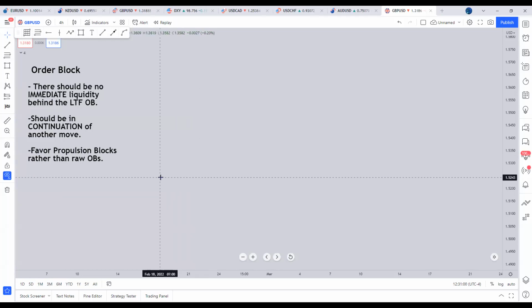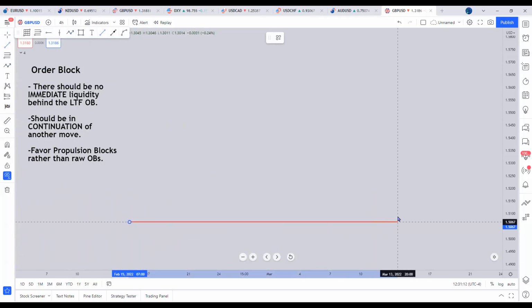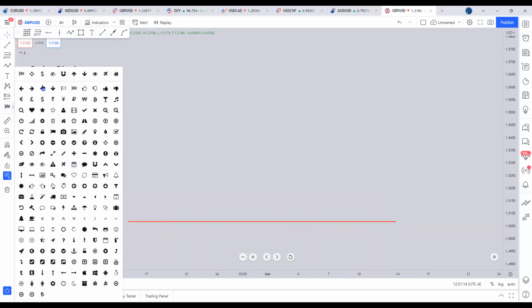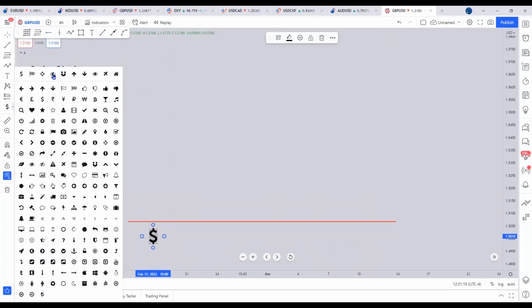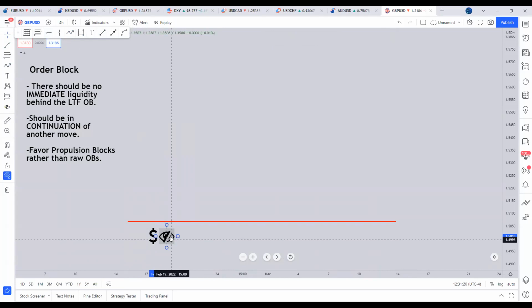So firstly, let's draw an order block. Let's say that price has just taken liquidity from here, and we are on our way to a higher buy side target.